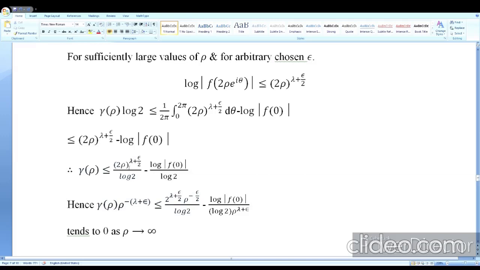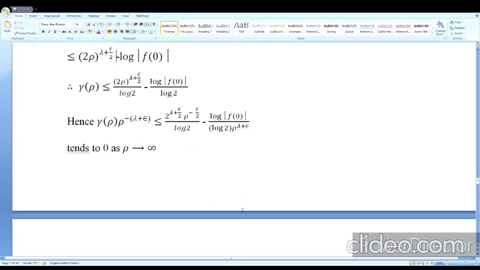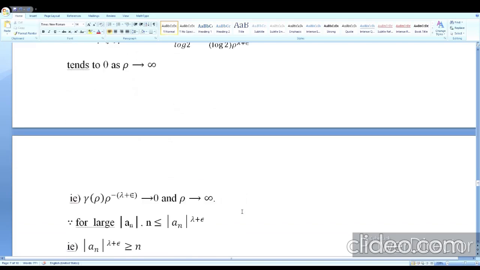Rho power minus epsilon plus epsilon by 2, so rho power minus epsilon by 2. 2 power lambda plus epsilon by 2 as it is, divided by log 2, minus log modulus of f of 0 by log 2 into rho power lambda plus epsilon. This tends to 0 as rho tends to infinity because we have the denominator. That is, gamma of rho into rho power minus of lambda plus epsilon tends to 0 as rho tends to infinity.